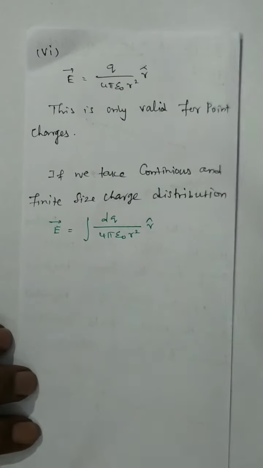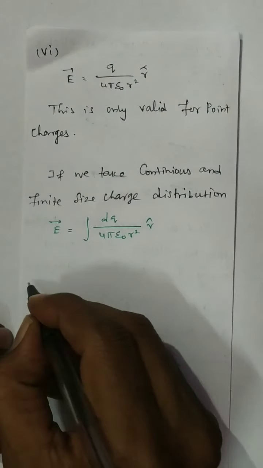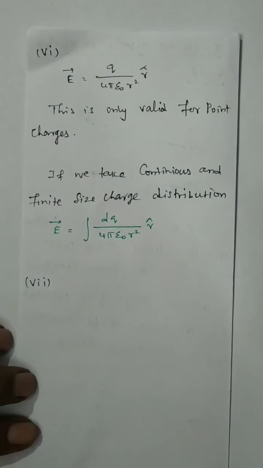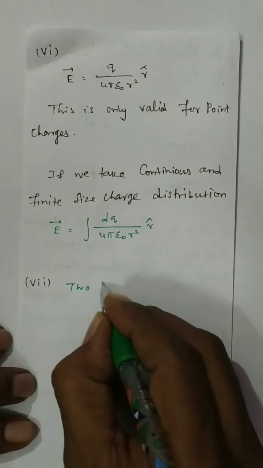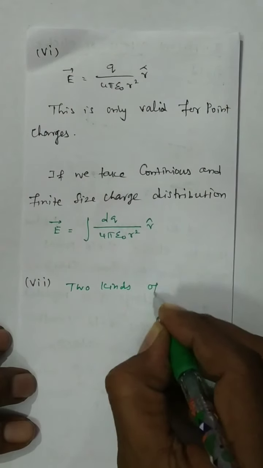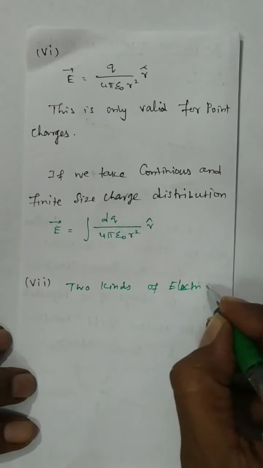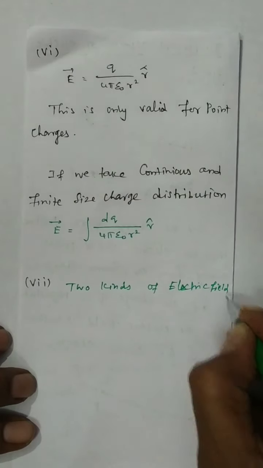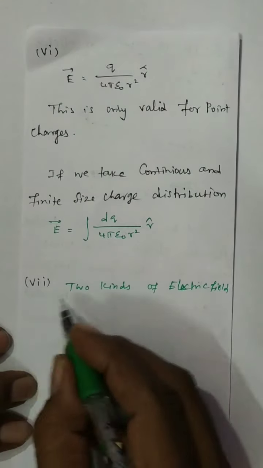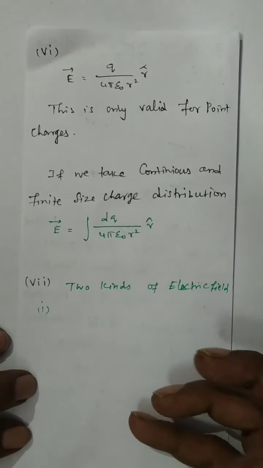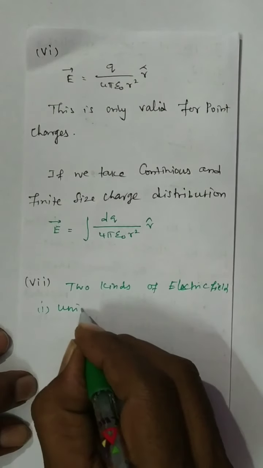So we go for the 7th point. There are two kinds of electric field. One is uniform electric field and another one is non-uniform electric field.